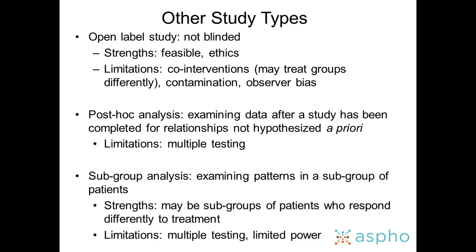The strength is that you may legitimately show that a treatment works differently in one group compared to another. So you might find a drug works in children that doesn't work in elderly patients, or might work in favorable risk AML but not in unfavorable risk AML. But the problem is that there's a real multiple testing problem, and the things that you find on subgroup analysis are actually likely to be spurious.